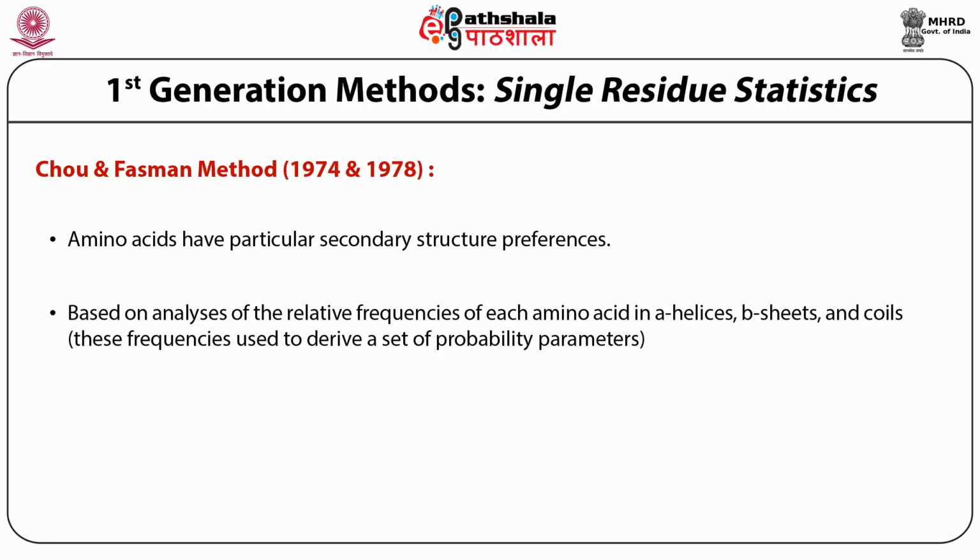From these frequencies, a set of probability parameters were derived for the appearance of each amino acid in each secondary structure type, and these parameters are used to predict the probability that a given sequence of amino acid would form a helix or a beta sheet or a turn in the protein sequence.